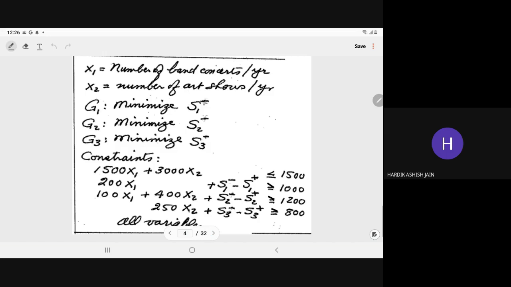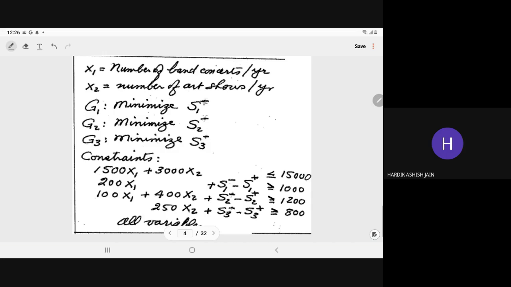So here we have goal 1. When in the exam we give the formulation, you have to write the final formulation only. So here goal 1 will be: minimize S1 minus, minimize S2 minus, and minimize S3 minus, subject to the constraint 15x1 plus 3000x2 less than or equal to 15,000.